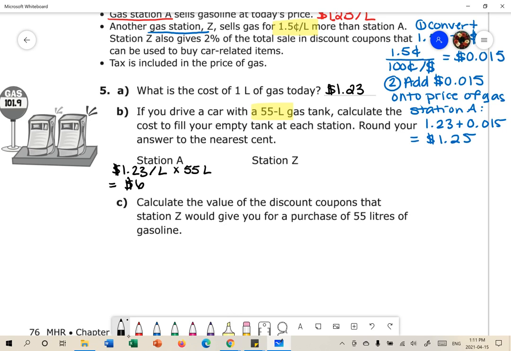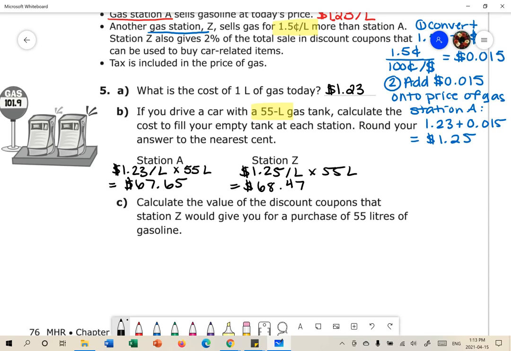So it would cost $67.65 to fill up a 55-liter tank of gas. Station Z, I'm going to take my $1.25 per liter and multiply it by 55 liters. So it would cost $68.47 to fill up the tank at station Z.